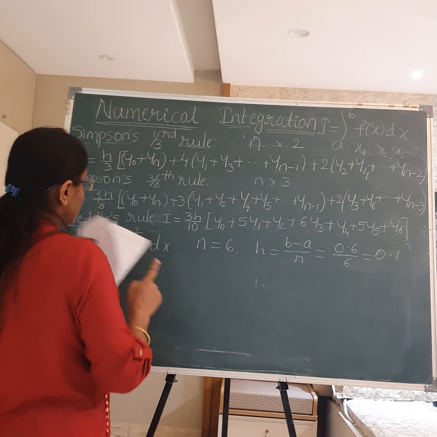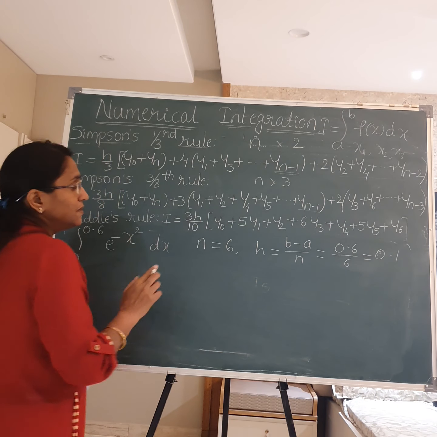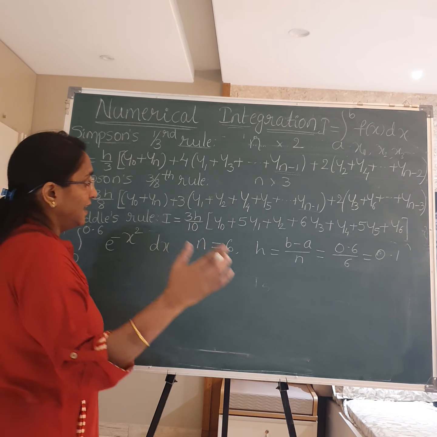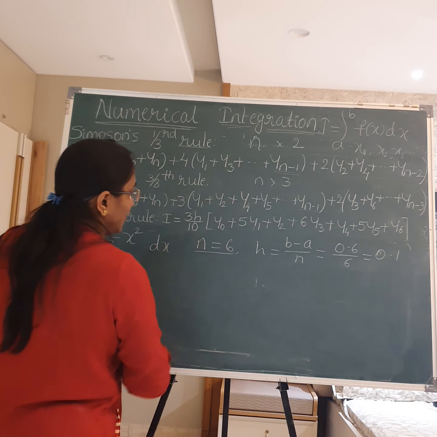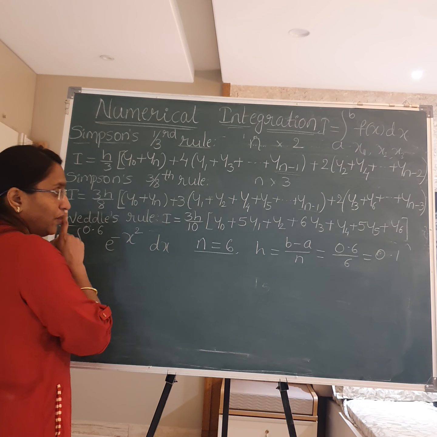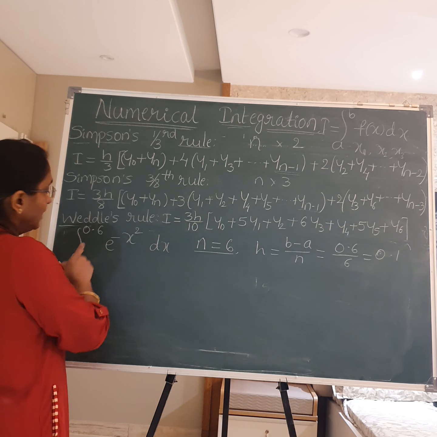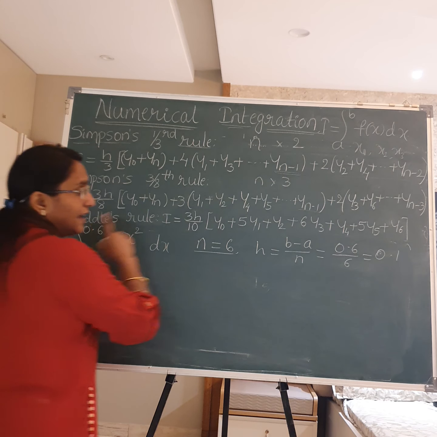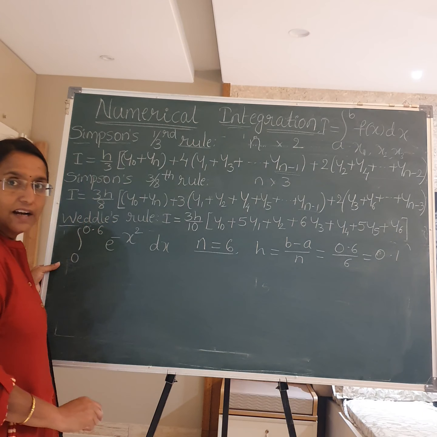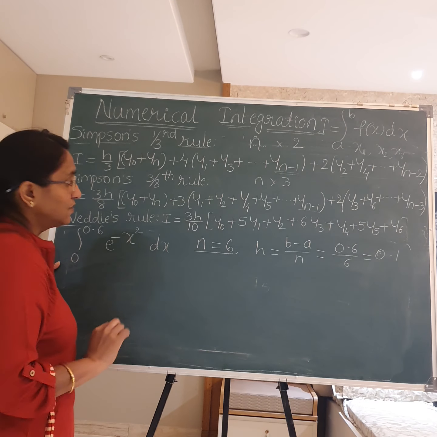And it is Simpson's 1/3 rule, which is applied for n = 2, 4, 6, 8. So n is equal to 6 here. What is a? A is 0. We have to start with 0 and go to 0.6, taking equal intervals at a difference of 0.1. In that way we have to take the x values.